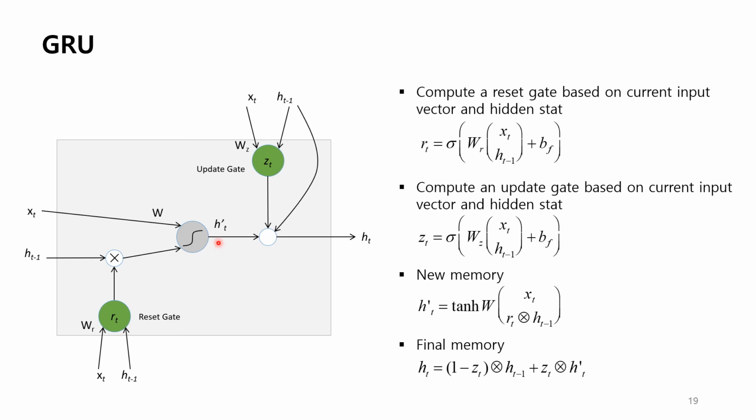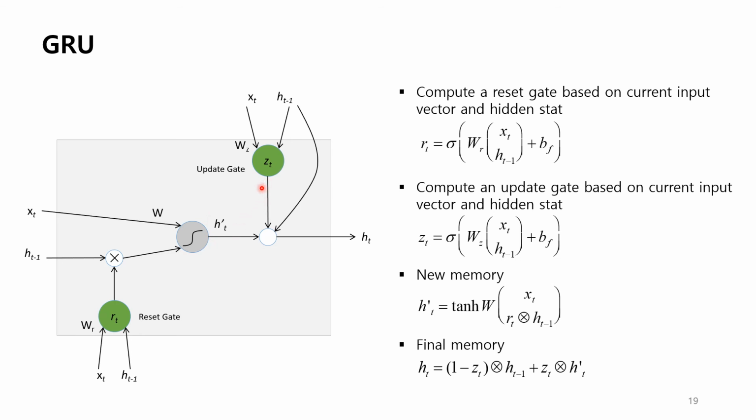By using these two values, h_{t-1} goes through a reset gate. Using this x_t value and this h value, which went through the reset gate, you compute a new candidate value of h_t. We call it h prime t.